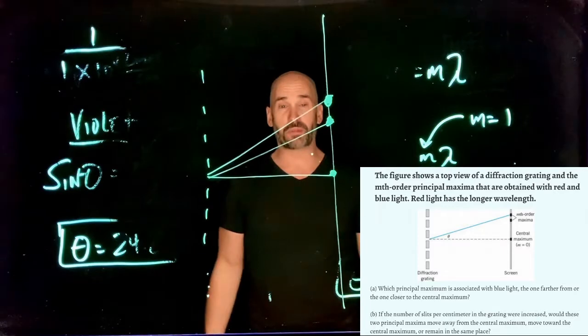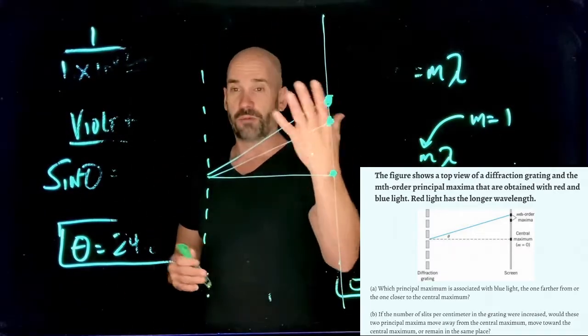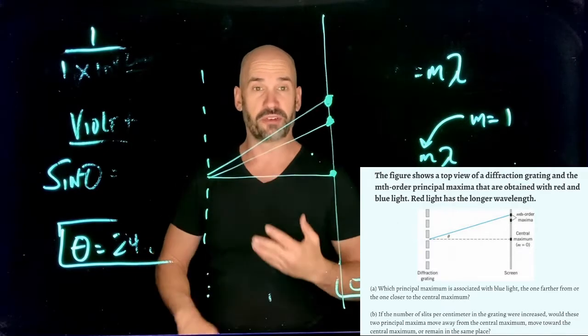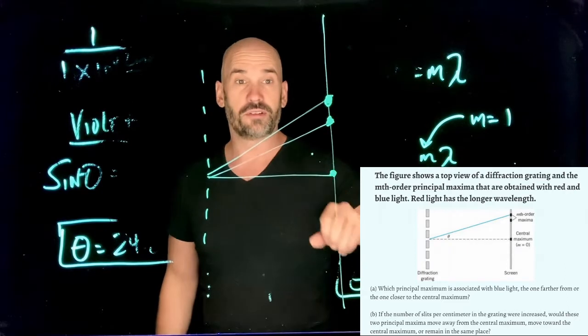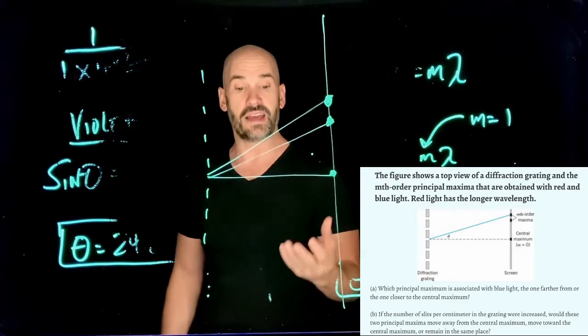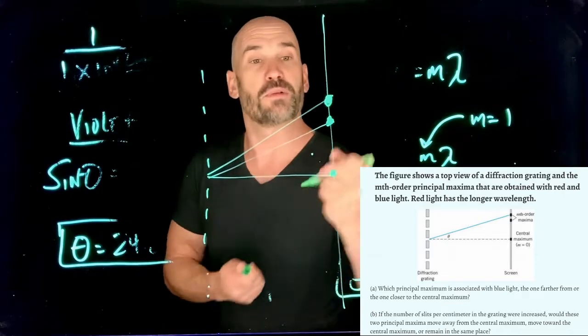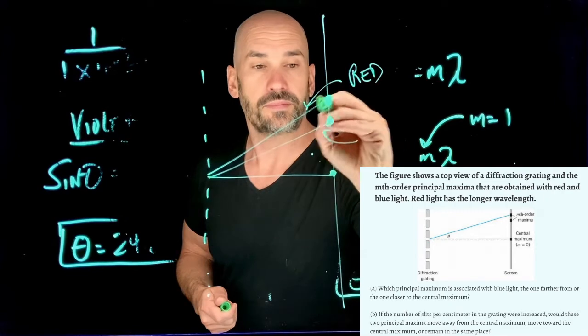We basically just proved that. You know how things bend when they diffract or go through a double slit experiment. The longer wavelength is going to diffract more, so you're going to have more bending in the case of the red light. So this one would be red, and this one would have to be blue.